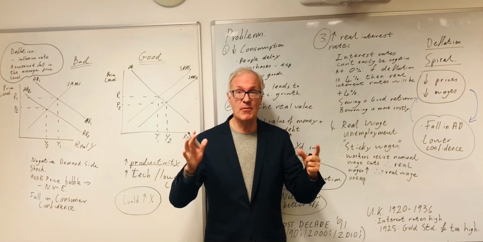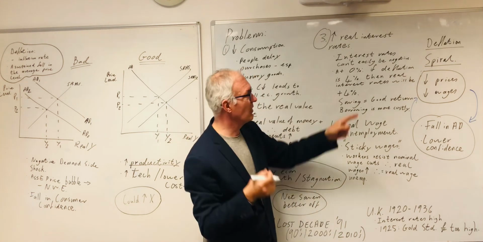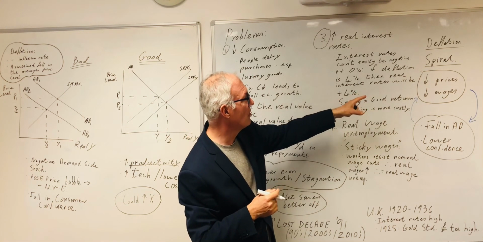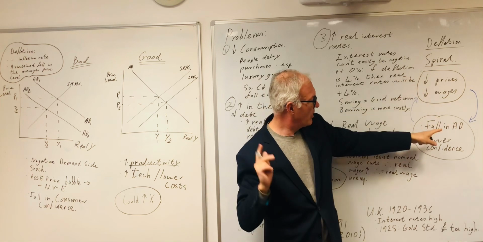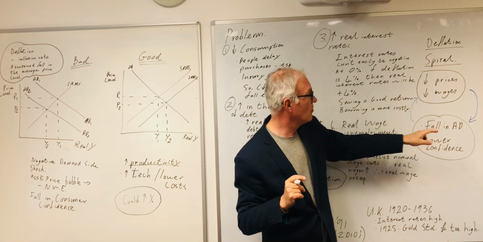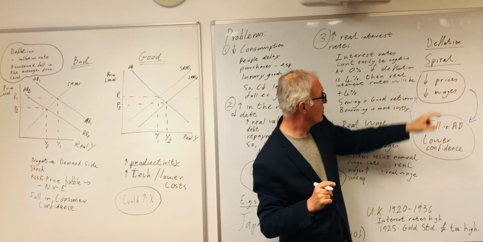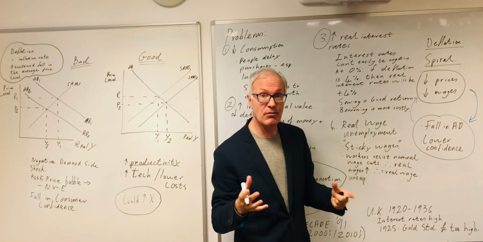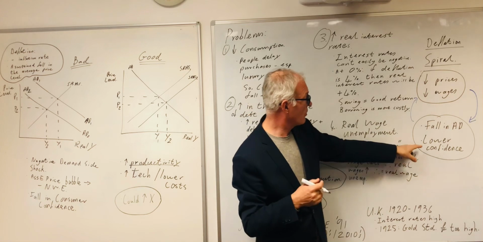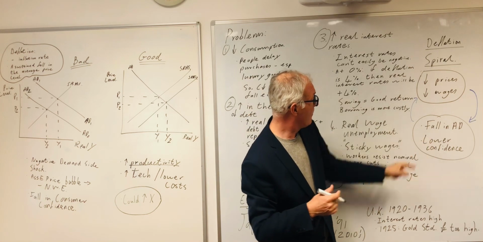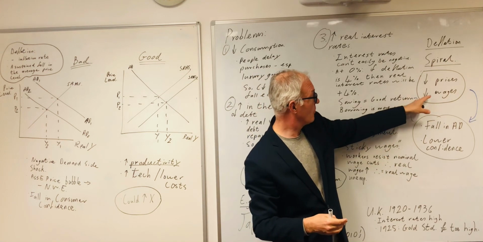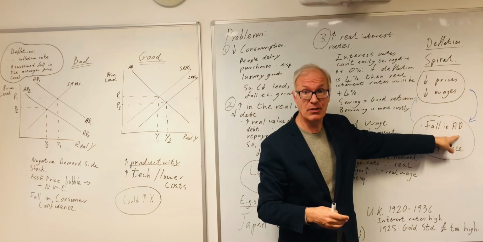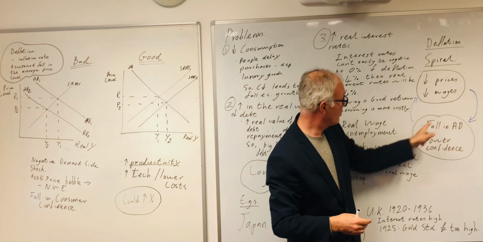I think probably one of the big problems with deflation is you can end up with a deflationary spiral. So lower prices, as we've explained already, could lead to falling aggregate demand. Lower wages would lead to a fall in aggregate demand. And also this will then lead to further price falls, wage falls, and a fall in aggregate demand in the future. So you go round and round.